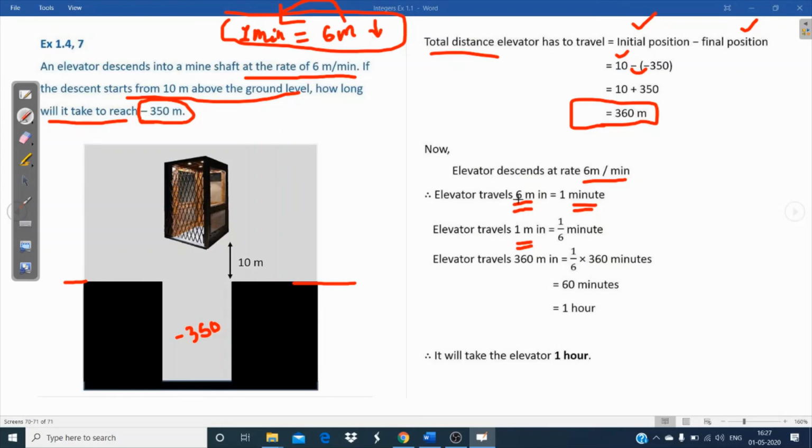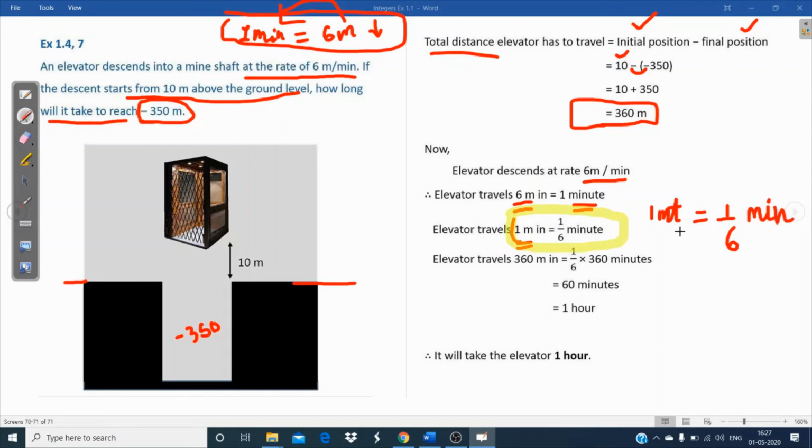This 6 is there in multiplication, there it will go in division. So 1 by 6 minutes. In 1 meter, the time taken is what now? 1 upon 6 minutes.